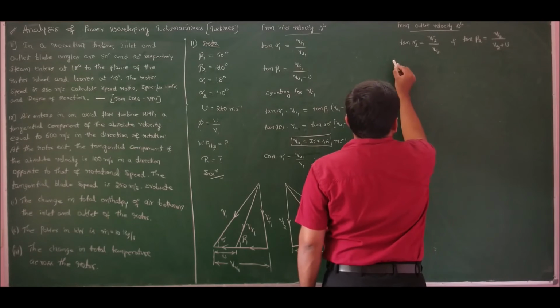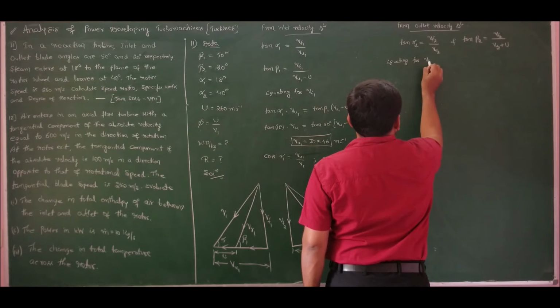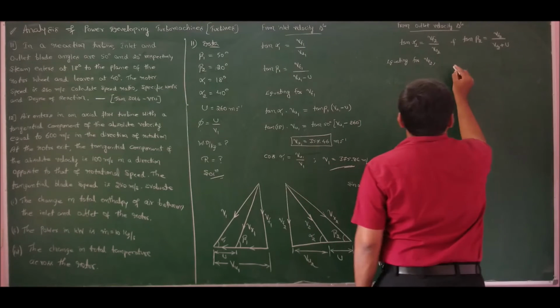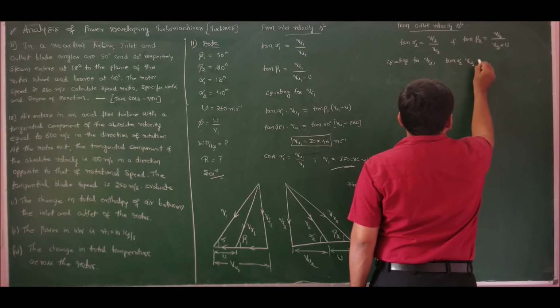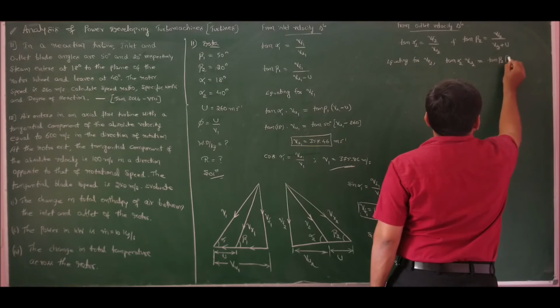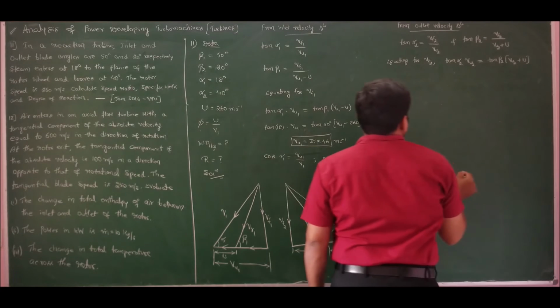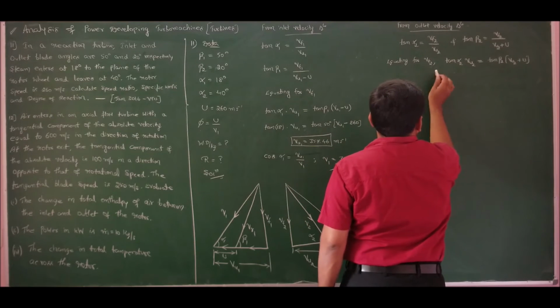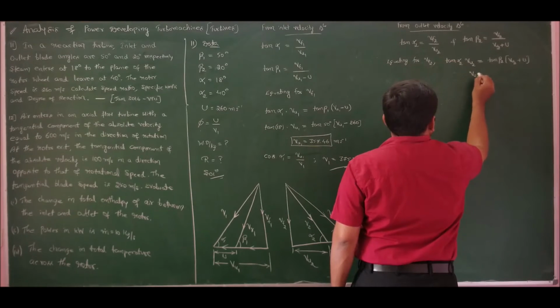So equating for Vf2, we get tan alpha 2 Vu2 is equal to tan beta 2 of Vu2 plus U. So therefore, if I solve, I'll get the value of Vu2.